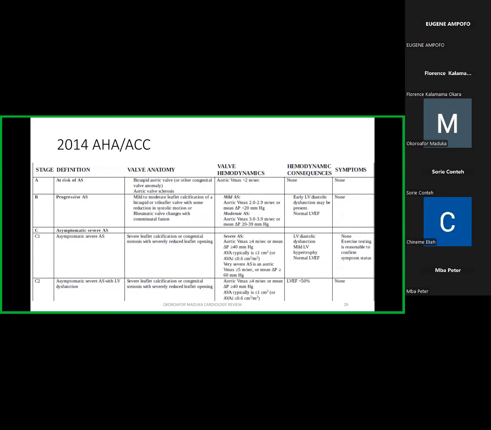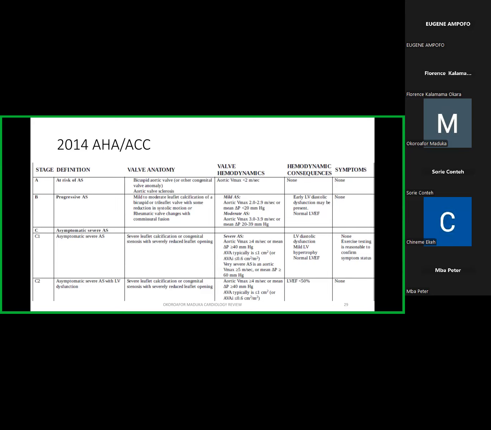The valve at this point is not stenosed, but you could see things that pose a risk for development of aortic stenosis, such as a bicuspid aortic valve. Usually the aortic velocity will be normal, that is, less than 2 meters per second, and there will be no hemodynamic consequences or symptoms. So you say these people could be at risk of aortic stenosis.